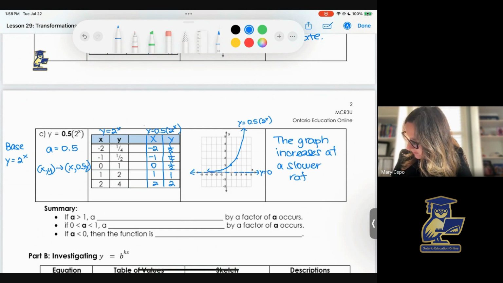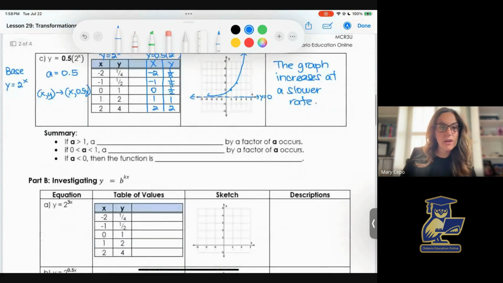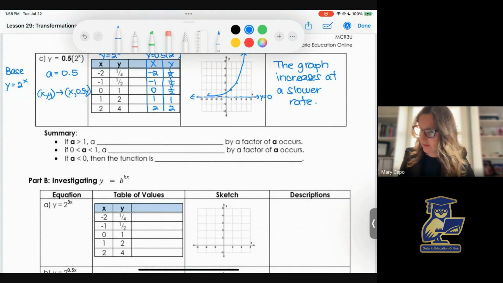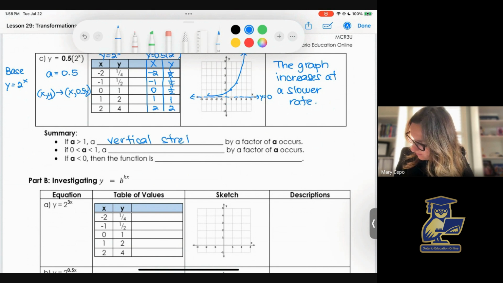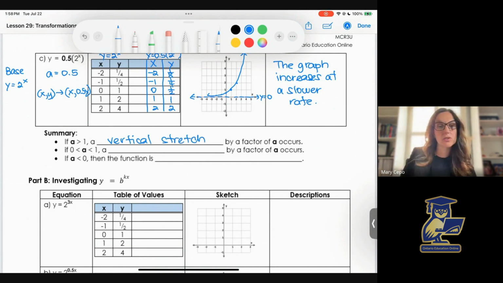rate. Okay, so to summarize, if that a value is greater than 1, a vertical stretch by a factor of a occurs.